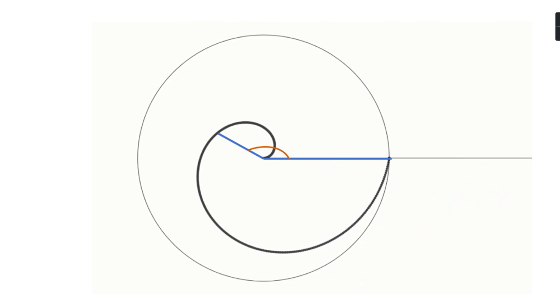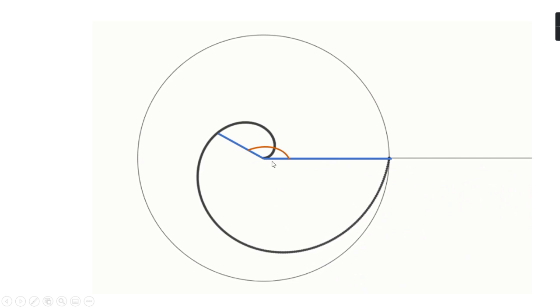Suppose when this line was moving about the pole, this is a spiral curve that is traced out by the line and a point. When I join this point with the pole, this is your radius vector.